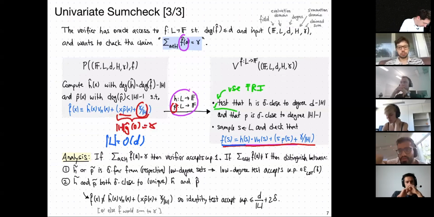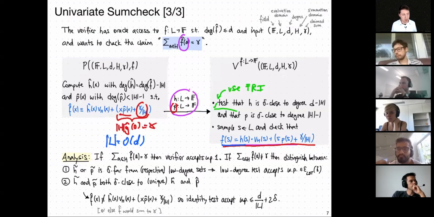Maybe last question. To make sure I understand, at a high level, you're reducing the claim about the sum being equal to gamma to a claim that there exist two polynomials H and P that satisfy something. Exactly. So we are translating a summation question to a polynomial identity test between the original polynomial and some other polynomials the prover can find and send to us.